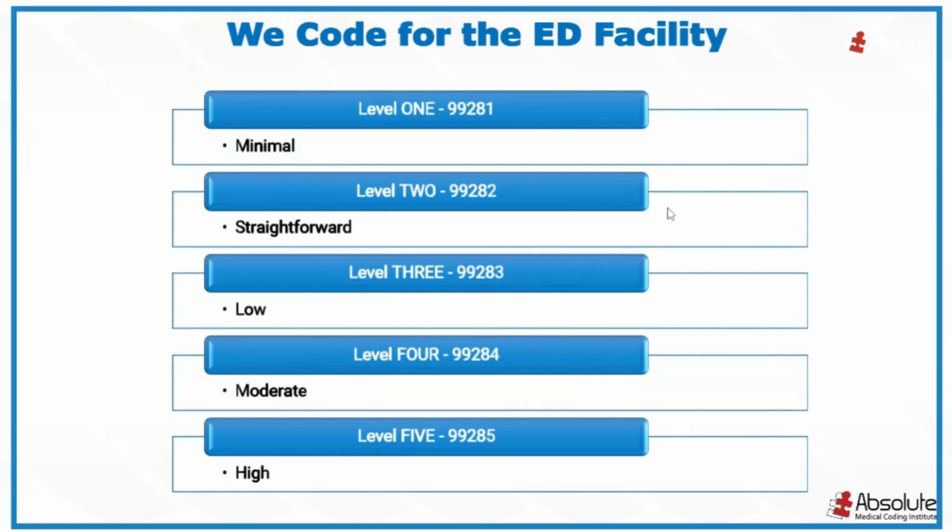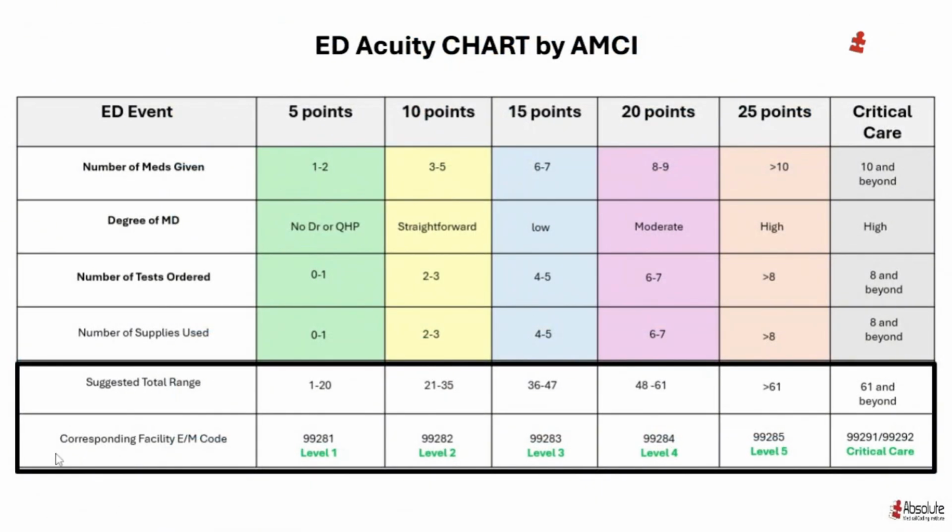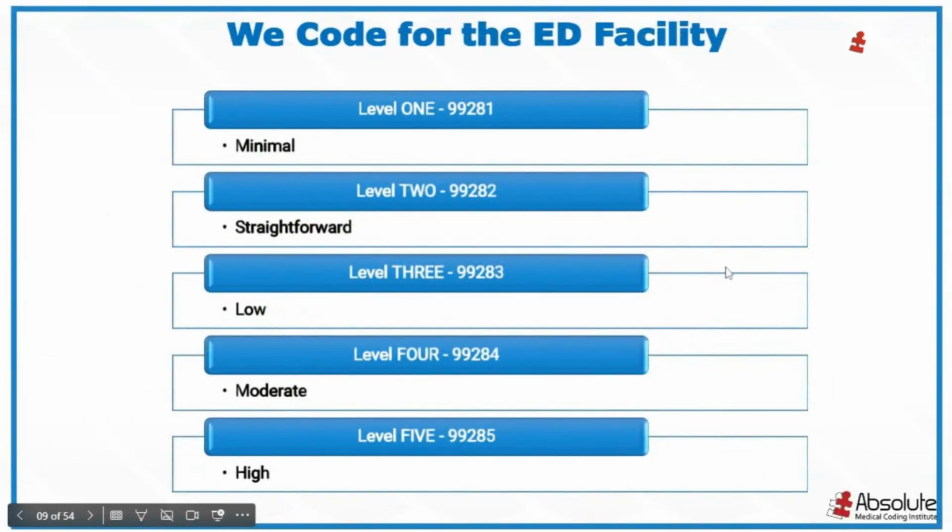A level 1 ED facility is 99281. A level 2 is 99282, and it is called straightforward. A 99283 is a level 3, and that is a low level. 99284 is a level 4 facility, and that's moderate. And you also have a 99285, level 5 or high.